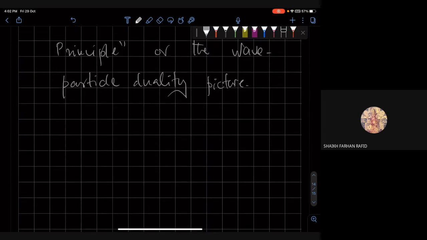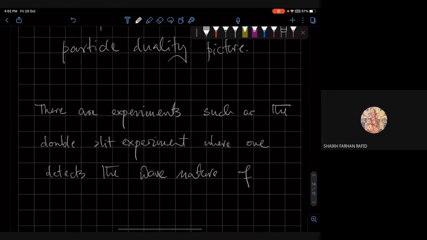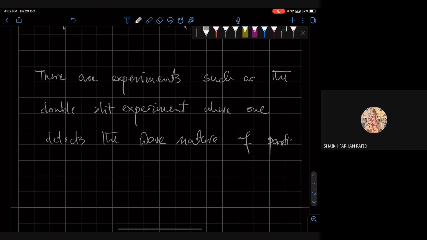This principle says that there are experiments in nature, such as the double slit experiment, where one detects the wave nature of particles, wave nature of quantum entities, I should say.